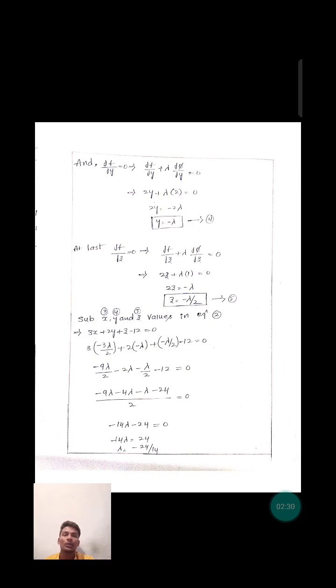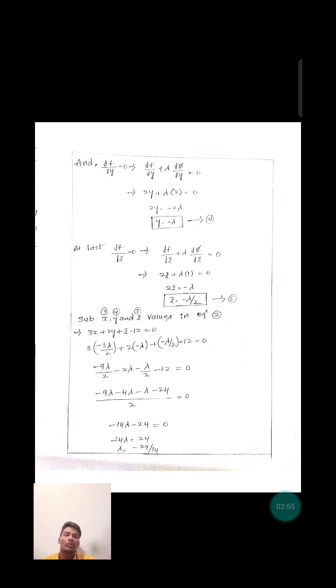Now we go for dou F by dou y. The partial differentiation gives 2y plus lambda into dou phi by dou y, that is 2. Now we get 2y plus 2 lambda is equal to 0. Now 2y is equal to minus 2 lambda, then y is equal to minus lambda, let it be equation 4.